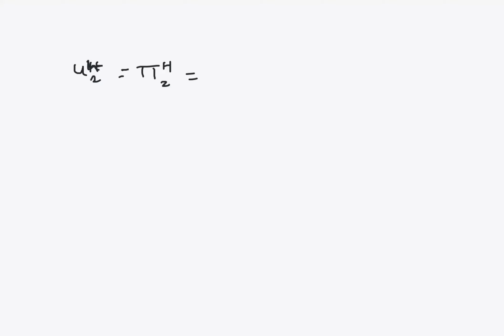So now price times quantity, so 10 minus Q1 minus Q2H, multiplied by the quantities produced by the high cost type of firm 2, and minus the cost of production, total cost.